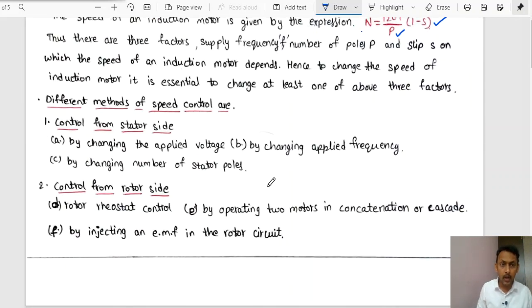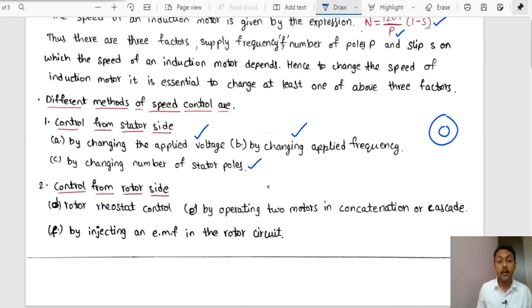If the control is to be done, as we have discussed earlier, we are having the stator and the rotor, right? If the control is from the stator side, it can be achieved by either changing the applied voltage, or by changing the applied frequency, or by changing the number of stator poles. These three methods come under the control from the stator side.